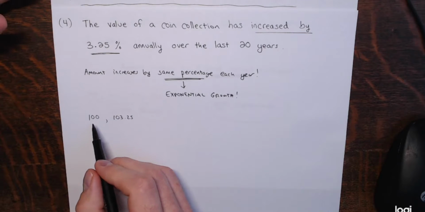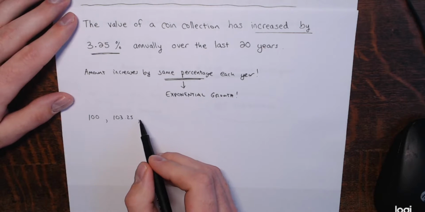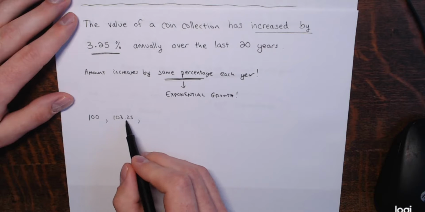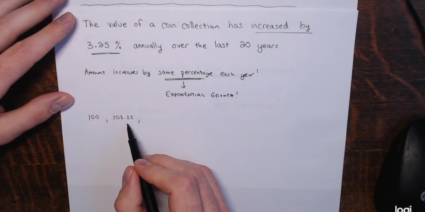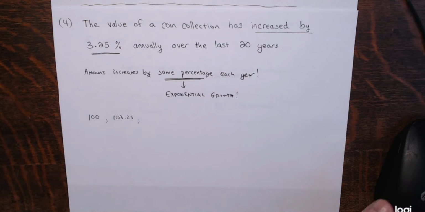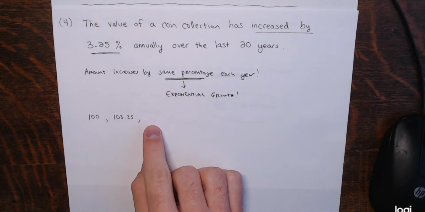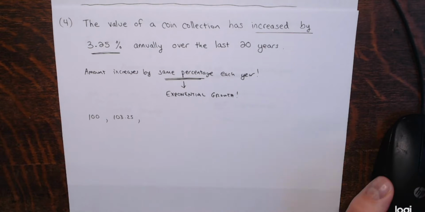Add 3.25. But then we get 3.25% of this added on, right? So you're not increasing by 3.25 every year. You're not increasing by the same amount. You're increasing by the same percentage, right? So I'd be taking this amount and multiplying by 103.25 again. Right?